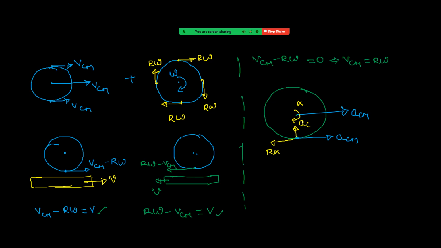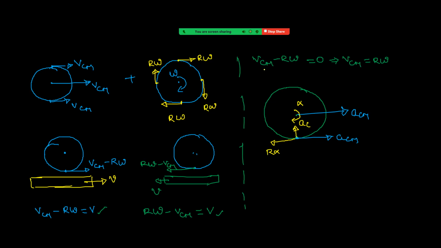So what we are doing here: because of translation, for each and every point, acceleration is ACM, that we have taken for the contact point. Next, the contact point is following a circular path about the center of the body because the body is rotating. So because of that, it has two components of acceleration: AC towards the center, and r alpha along the tangent, right? Now see carefully here. We got Vcm minus r omega equal to 0.